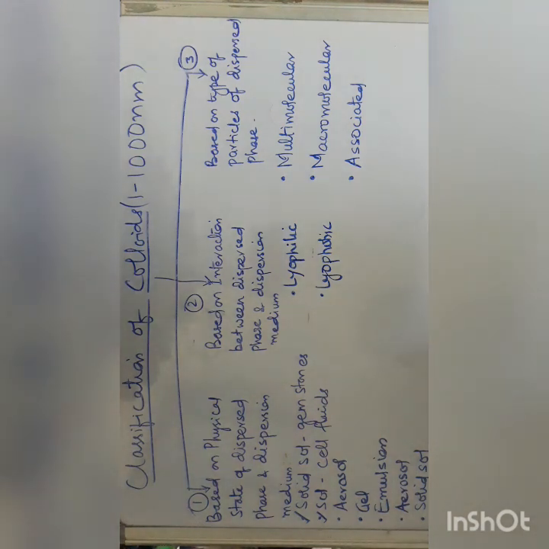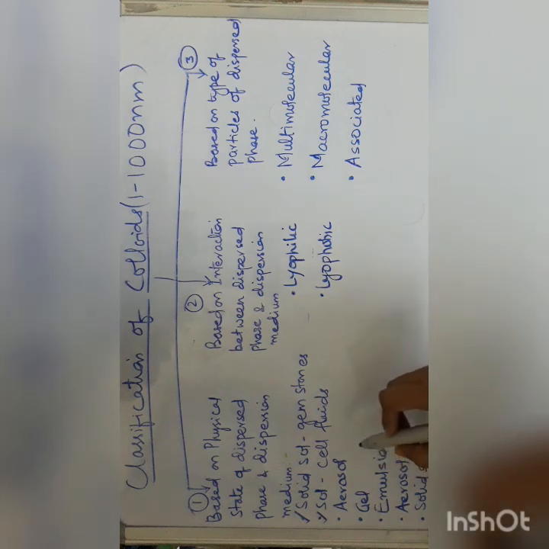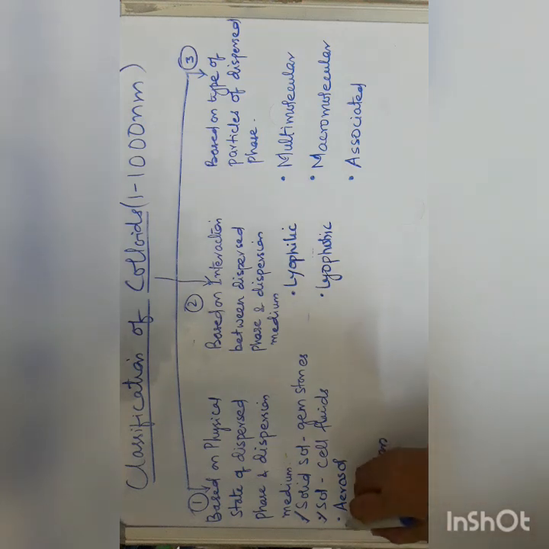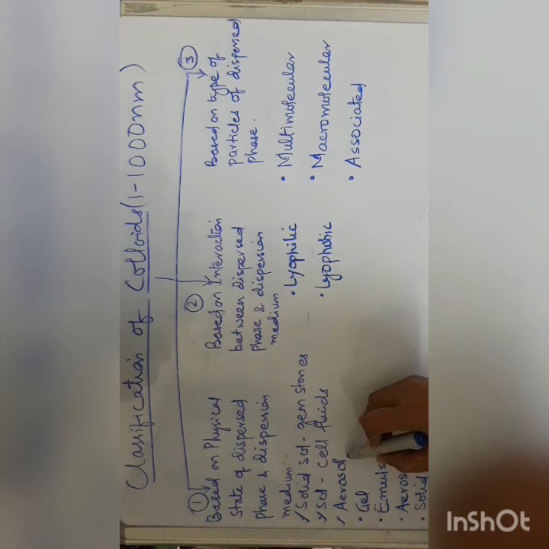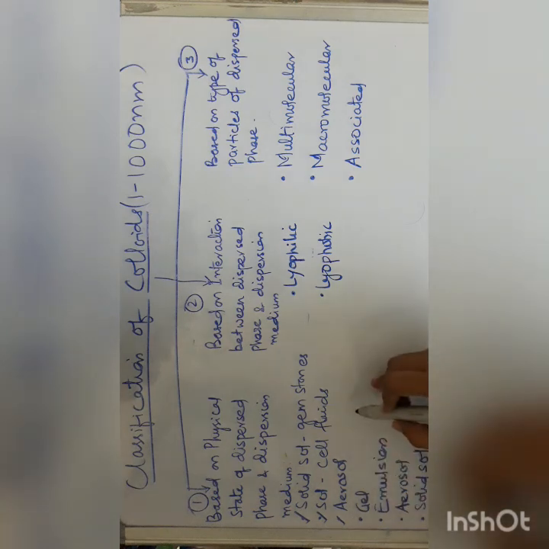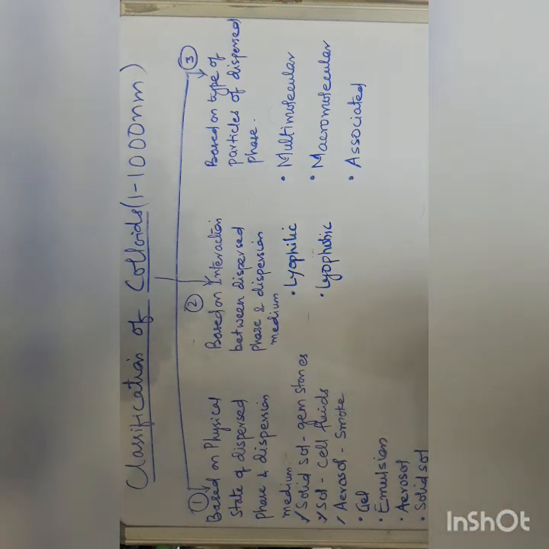So all the cell fluids are examples of sols. Third type are the colloids in which the dispersed phase is solid and dispersion medium is a gas, and they are termed as aerosol. So smoke, dust, they come under aerosol.